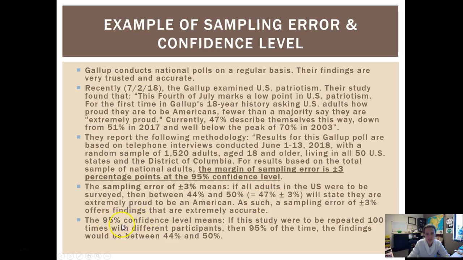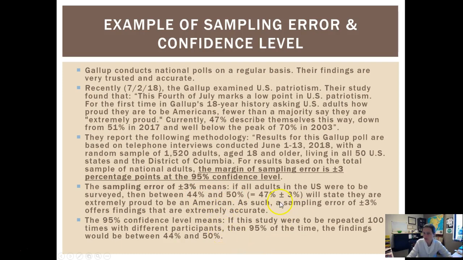Then in terms of the 95% confidence level, what that means is if we were to repeat this study 100 times, so 100 times we would collect data from different adults. Again, still 1,520 adults, but we'll pick different ones. If we were to do that 100 times, then 95% of the time, our findings would be between 44% and 50%.